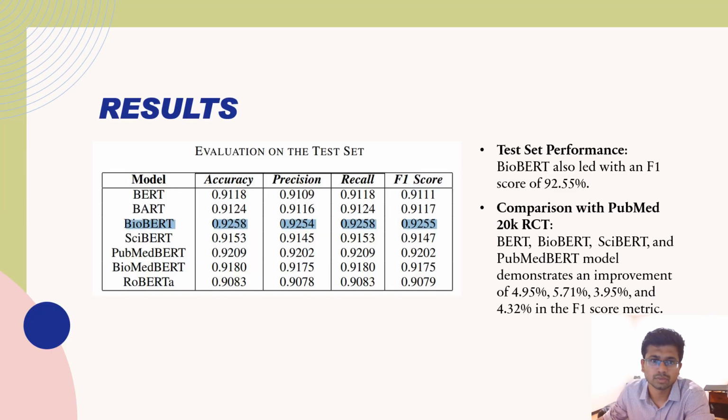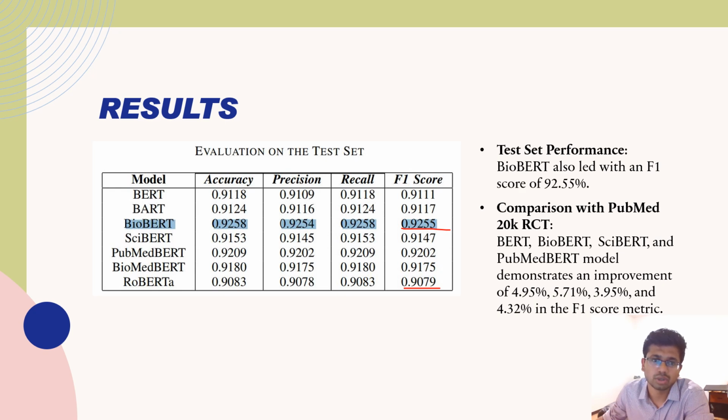Let's talk about the results that we got from the experiment. The evaluation results in this table reveal the high performance of various pre-trained language models on the test set, with an F1 score ranging from 90.79 to 92.55.